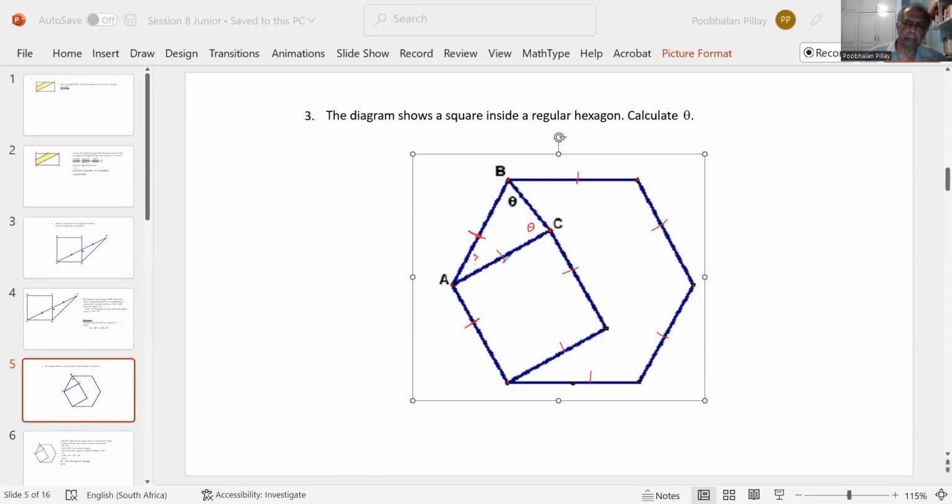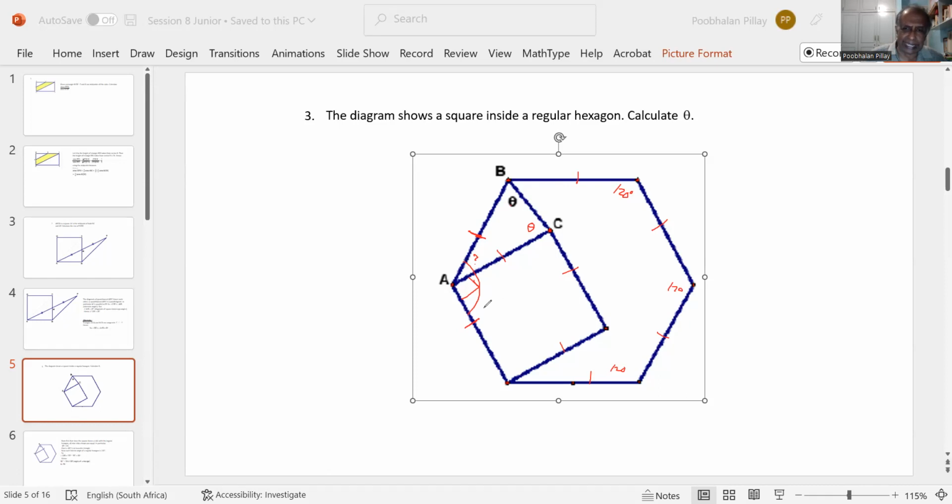So we can find theta if we know what this is. That's very easy to do because this angle here is 90 degrees, the angle of a square. And we know that all the interior angles of a regular hexagon are 120 degrees. We just calculated it.